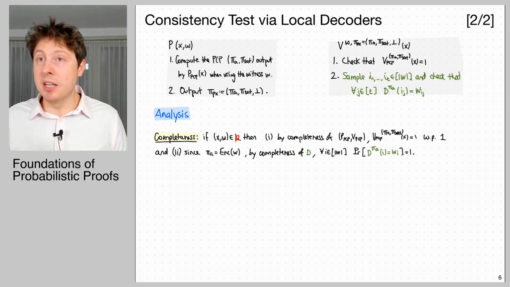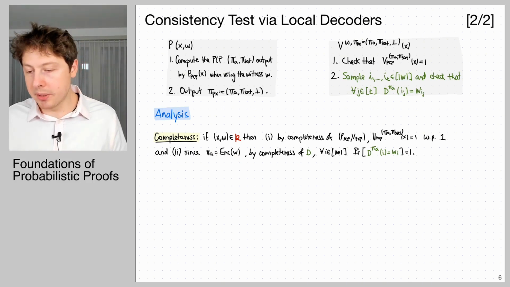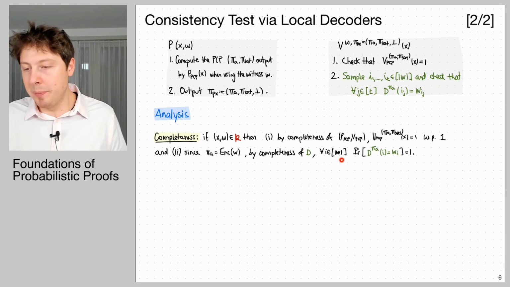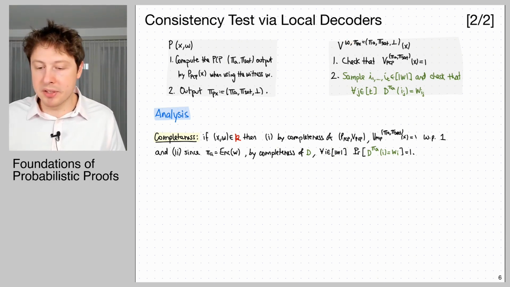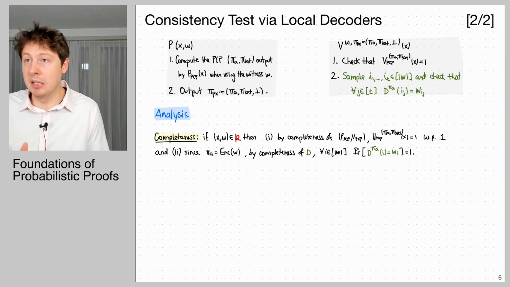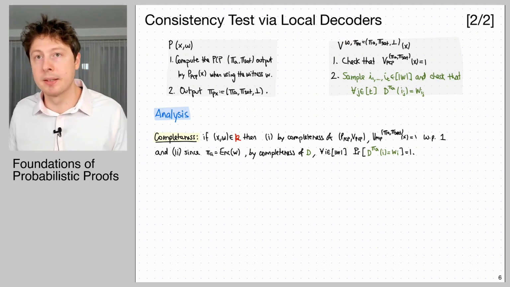And since in the good case the first part of the PCP really is an encoding of the witness, by completeness of the local decoder, no matter which index you pick, these things will be equal, right? Because you're comparing the w that is outside and the decoded value of the w that is inside, but those are the same things. And the local decoder has perfect completeness. So we're done, okay?